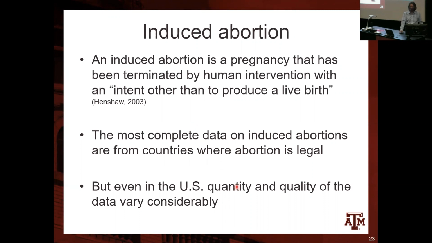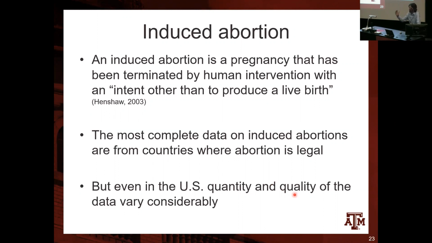But even in the US, where technically abortion is legal, you have been having so many state policies trying to undermine the chances of women to have access to abortion. Even in the US, the quantity and quality of the data vary considerably, right?